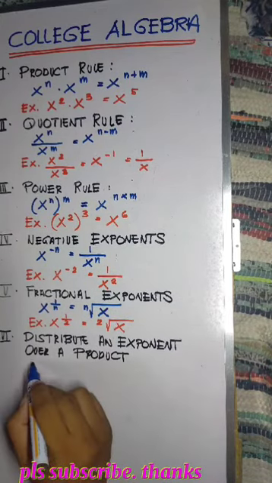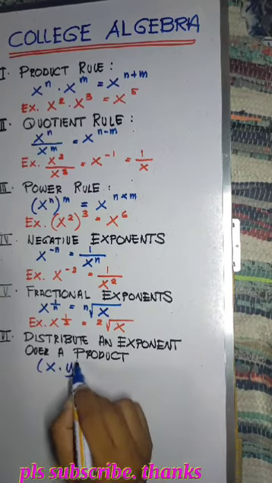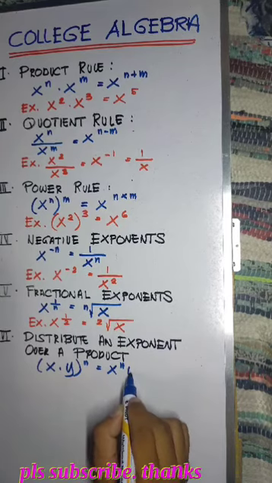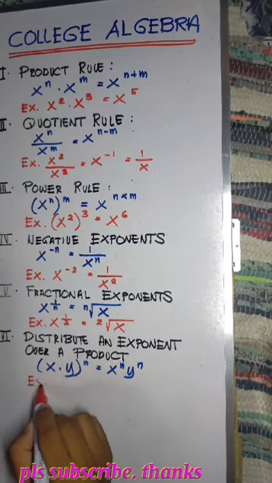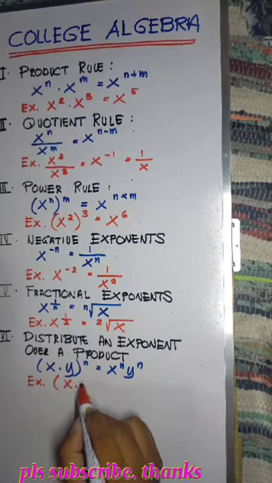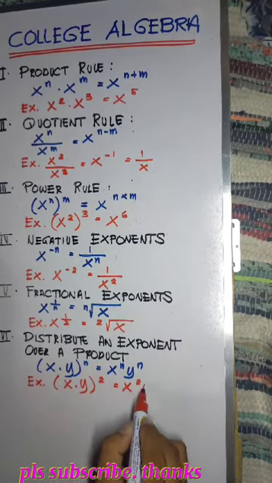So that will be (x times y) raised to n. That will be x^n y^n. Okay. For example, (x times y) raised to 2 will become x squared y squared.